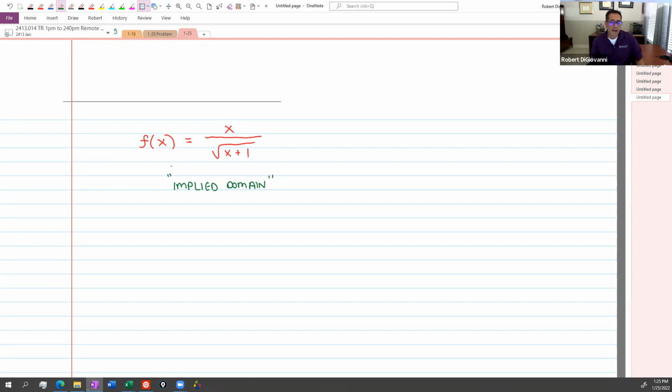There are certain values of x here I can't plug in, right? There are some values that if I try and plug them in, I'm going to have a problem. Can somebody give me an example of one value of x that you can't plug into this? -1. -1 wouldn't work. Would you all agree? Try and plug -1 in there. What happens?